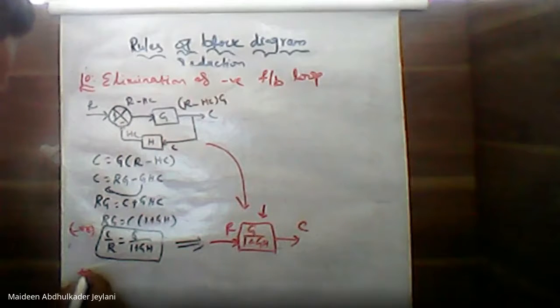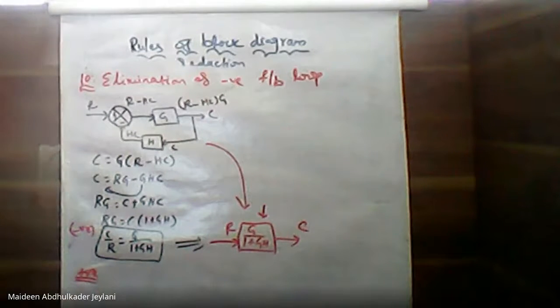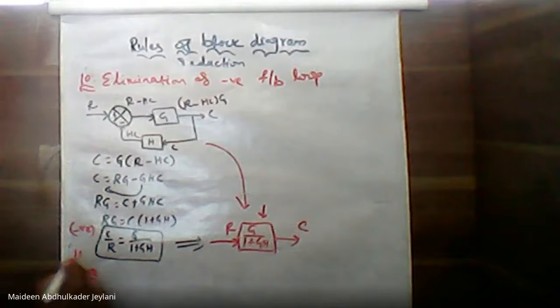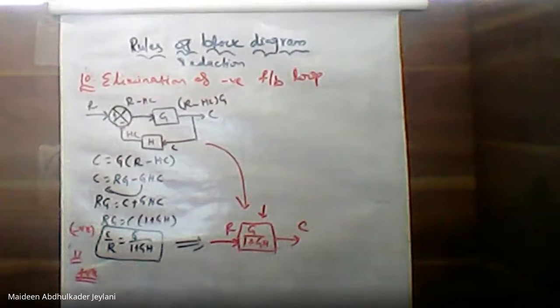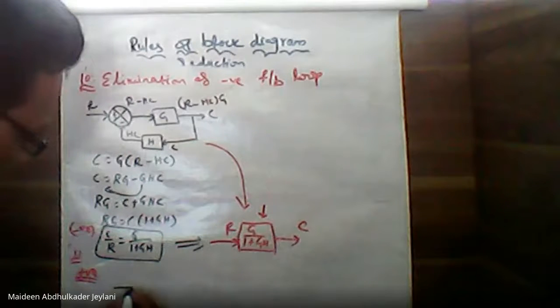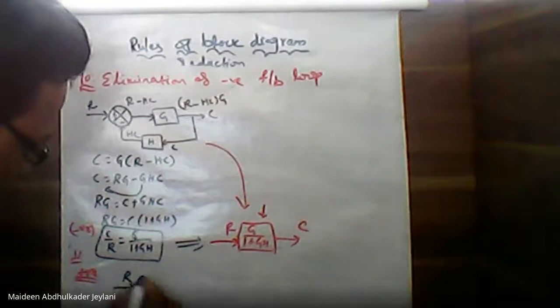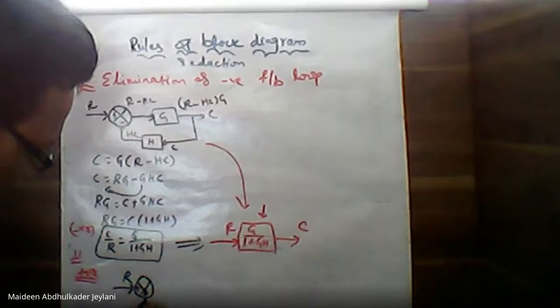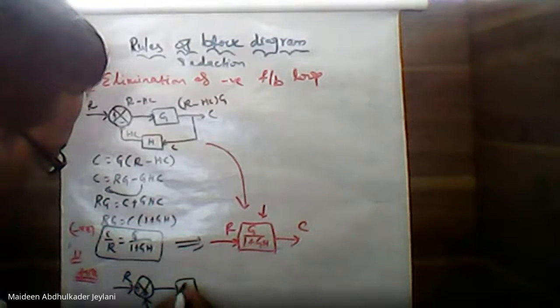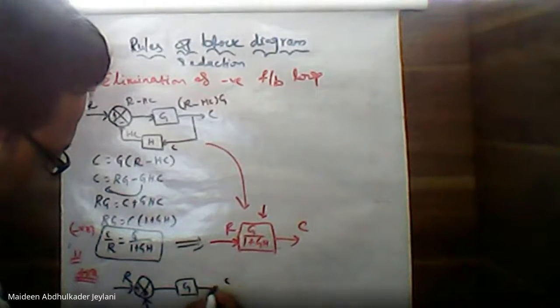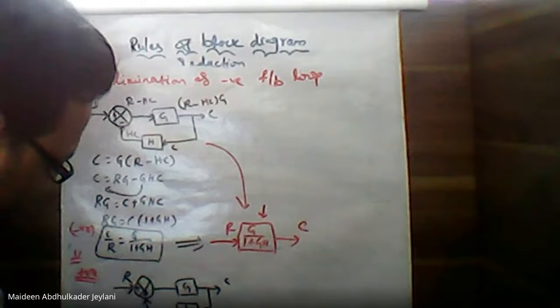So for a positive feedback system, that is your rule number 11, the elimination of positive feedback system. Okay, consider we have H here.